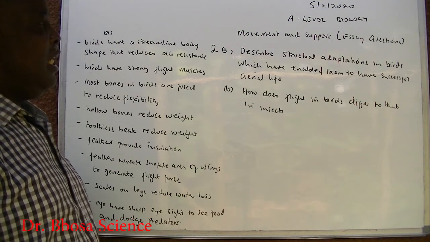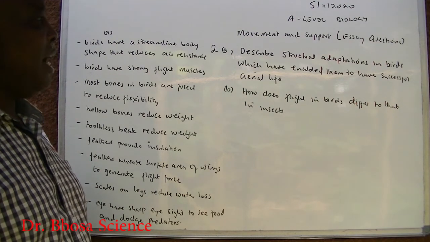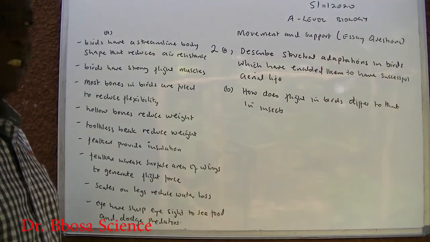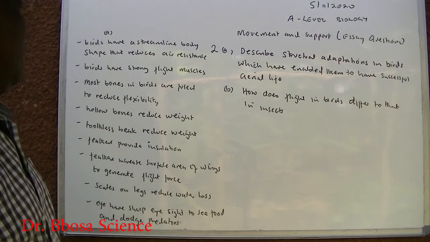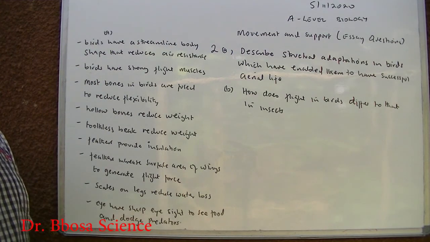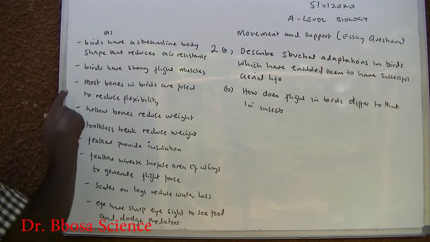2A. Describe structural adaptations in birds which have enabled them to have successful aerial life. 1. They have a streamlined body shape that reduces air resistance. 2. They have strong flight muscles. 3.